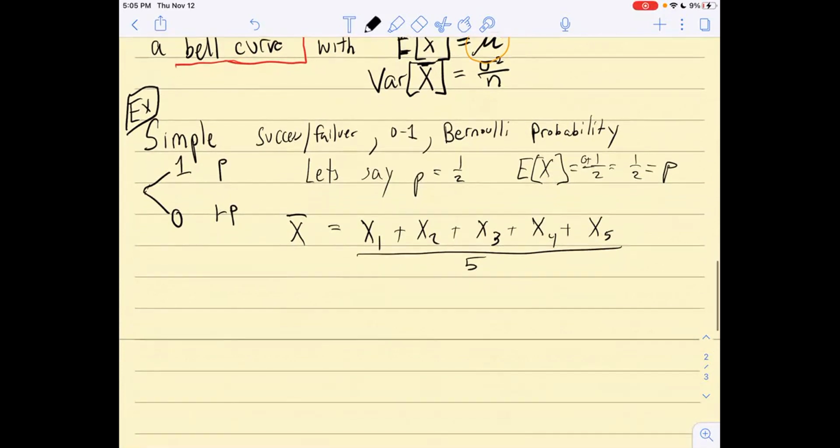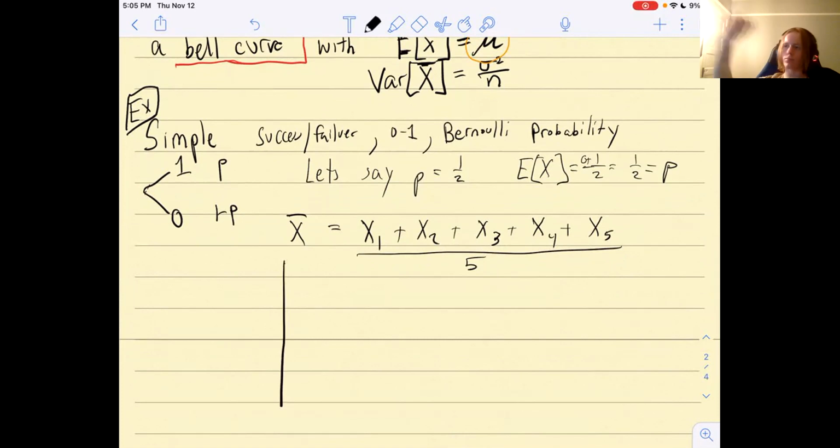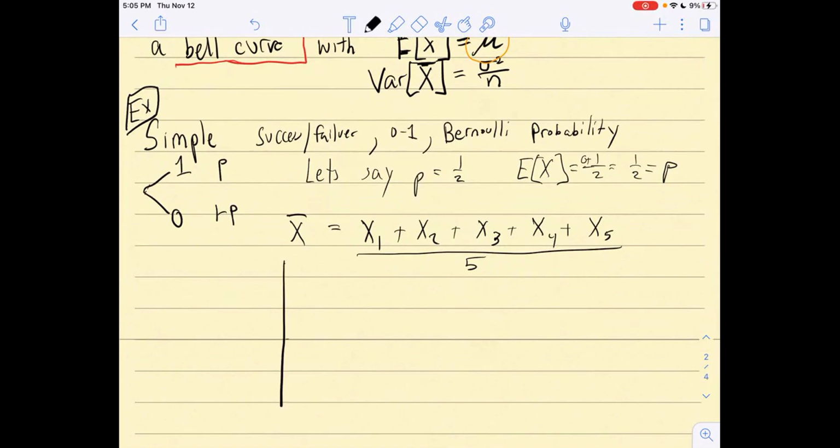So if we start to plot the distribution of x bar, the original distribution is 0, 1, and it's like 50-50. This is 1/2, 1/2.